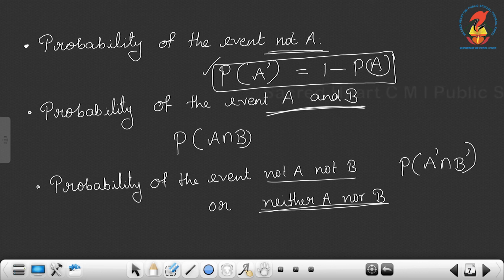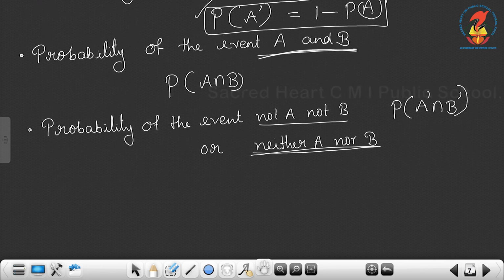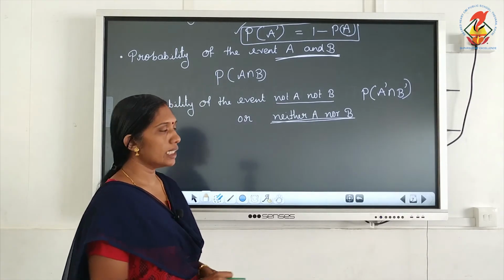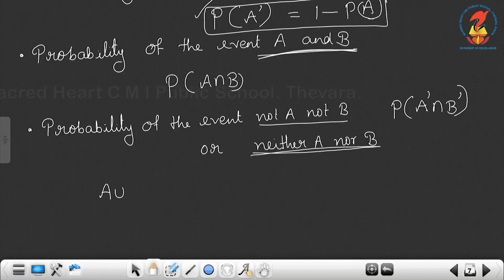Then how to find that? For that we use De Morgan's law, that is in the first chapter. Actually that is not in the syllabus, but you have to learn the result. (A union B) whole complement is A complement intersection B complement, and (A intersection B) whole complement is A complement union B complement. These two are De Morgan's law.